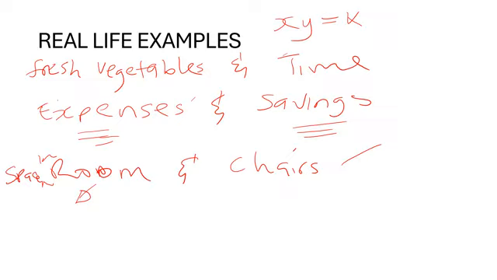So in this inverse proportion, or inverse variation, it's basically the concept that if one quantity increases, then the other quantity decreases at the same rate, and of course vice versa.